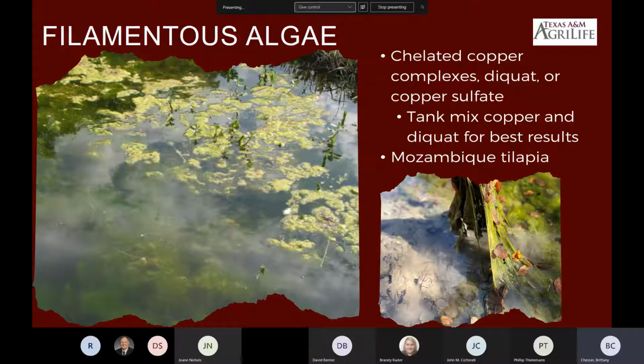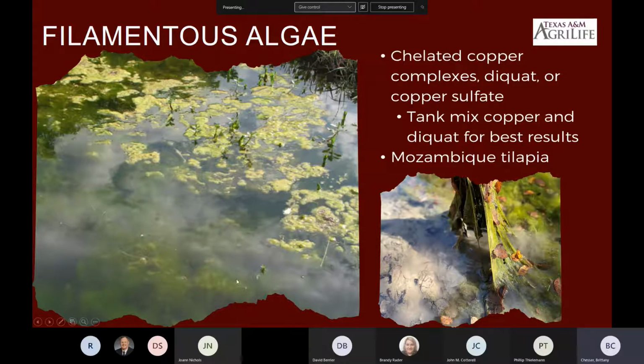When it begins to die off, it gets all these gases from decomposition trapped in the filaments, and it floats up to the top of the water surface. So these are the mats that people typically see and are concerned about. But these mats, again, are actually dead, dying cells. So you preferably want to treat your pond before you start seeing these mats.